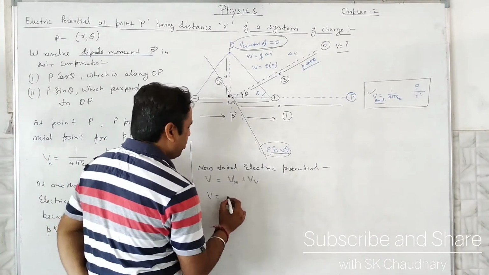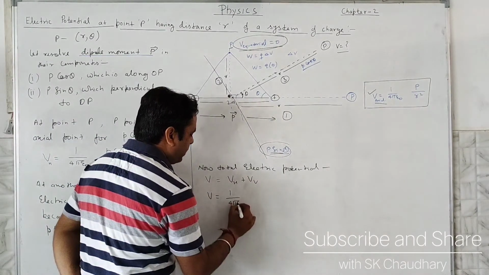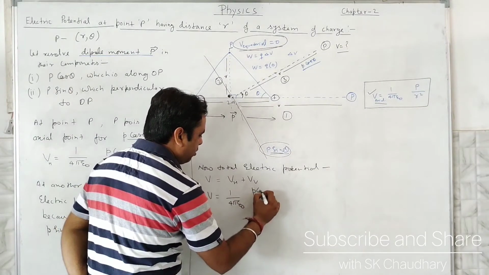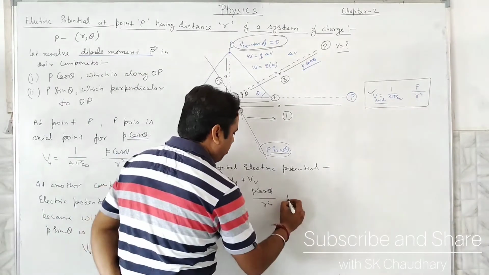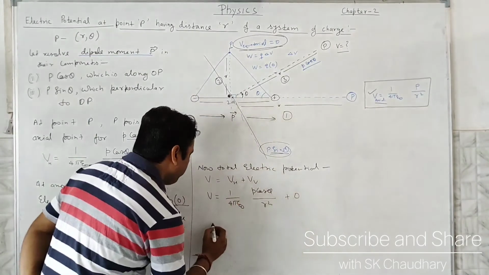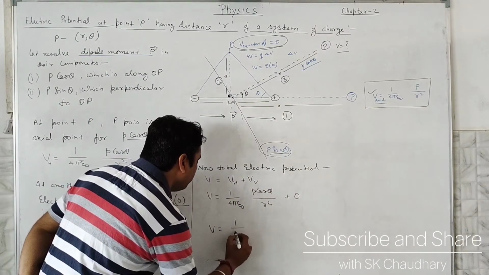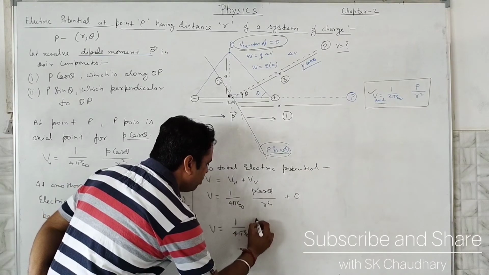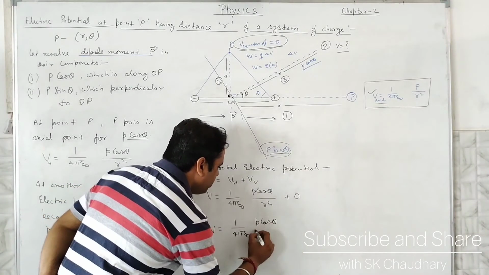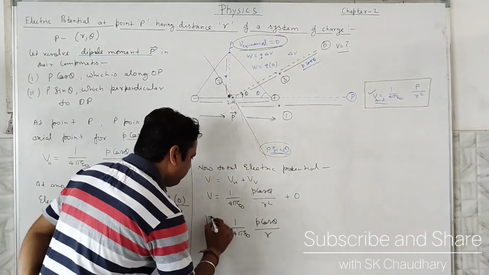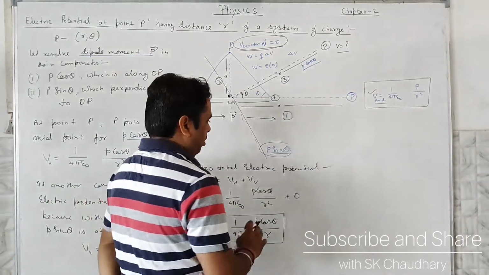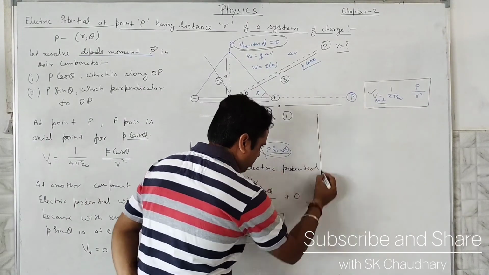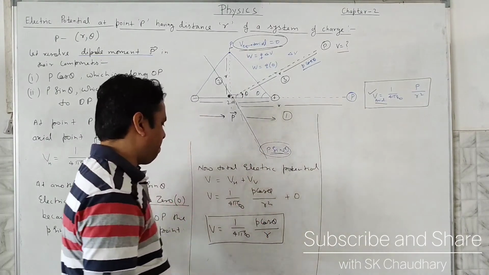The horizontal component is 1 upon 4 pi epsilon naught p cos theta divided by r square, and the vertical component is 0. So our resultant will be equal to the horizontal component, p cos theta divided by r square. That is a very interesting and important relation that comes in the form of this formula.